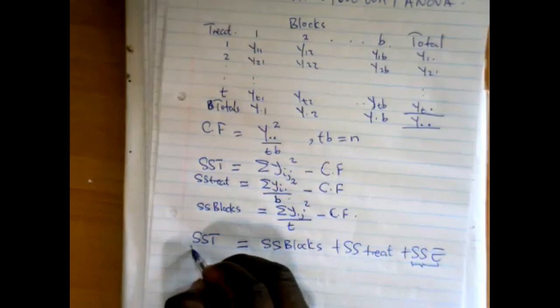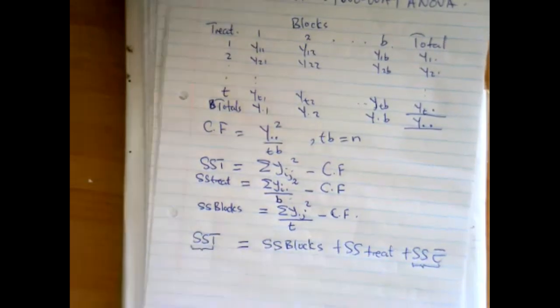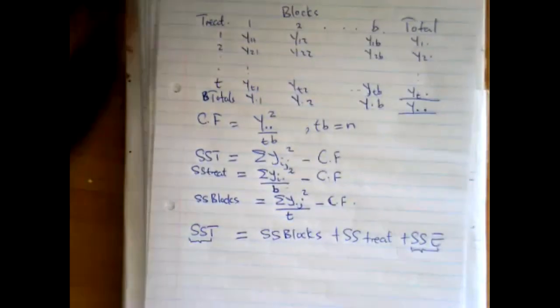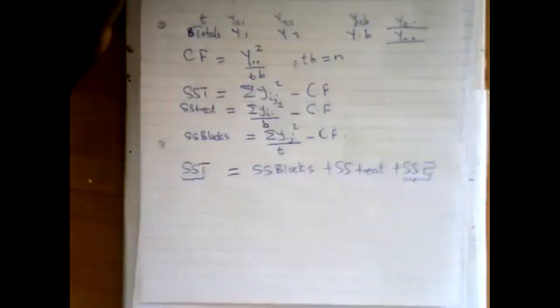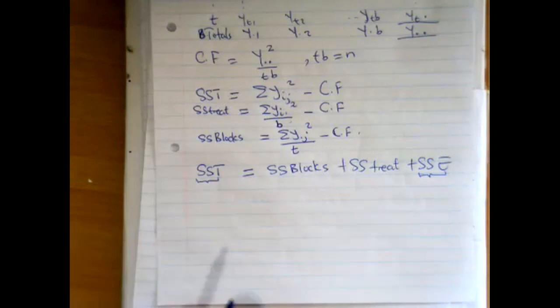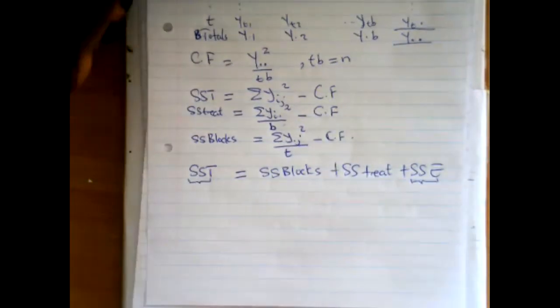This is total variability. So total variability is due to differences in the blocks, and also due to treatment, and finally due to error. This should be very clear. So we have added the component of blocks.